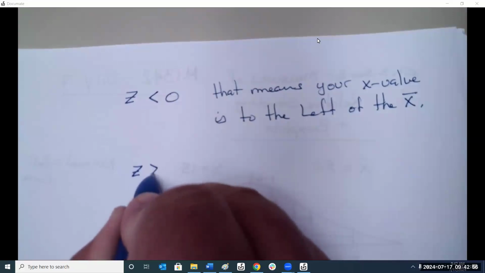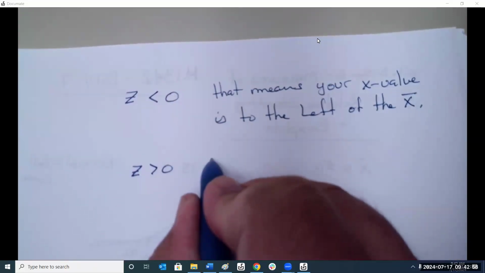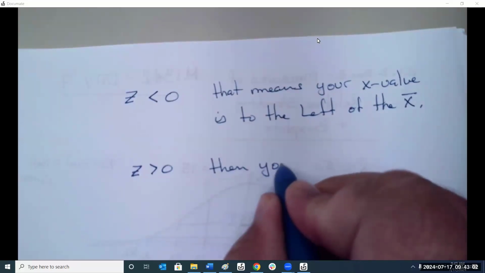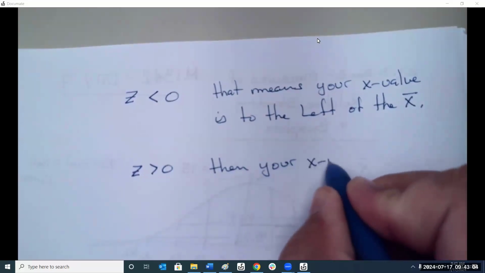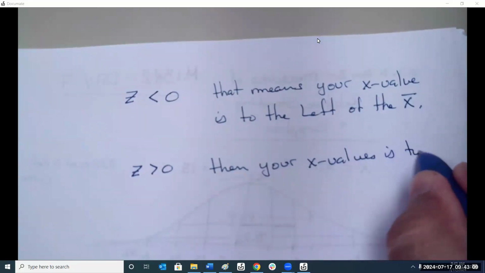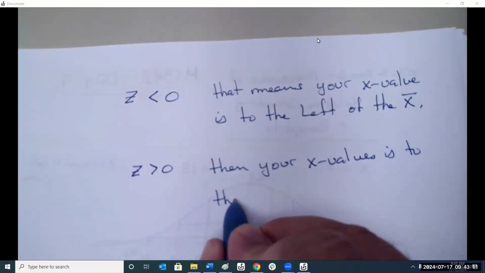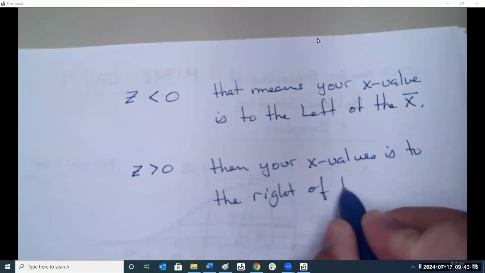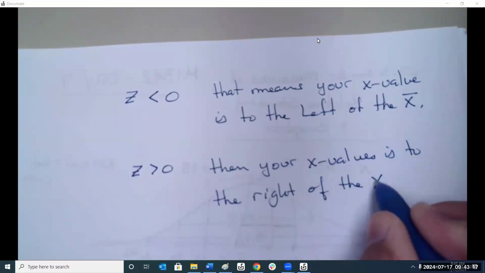If your z-score is positive, then your x value is to the right of the mean.